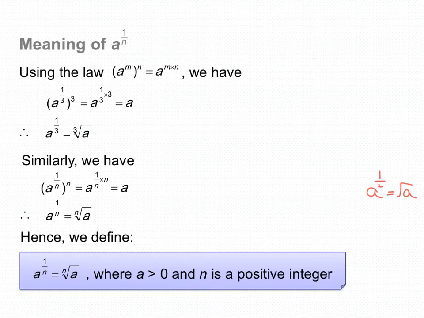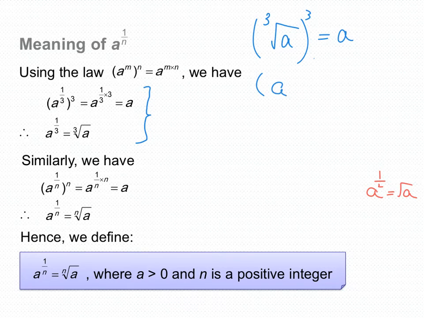And then look at this example here. For the cube root of a, if we take the cube root of a to the power 3, it will go back to a, because the cube root and then power 3 cancel out and become the original number.